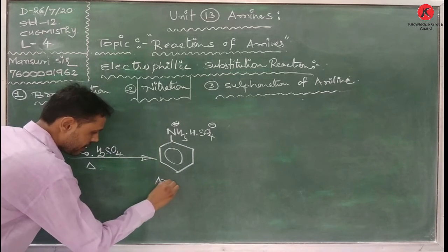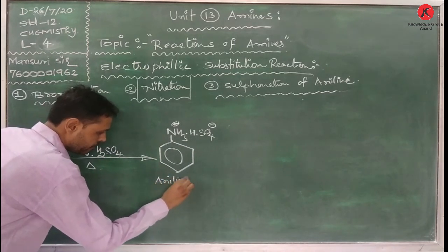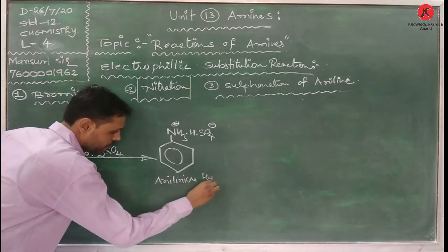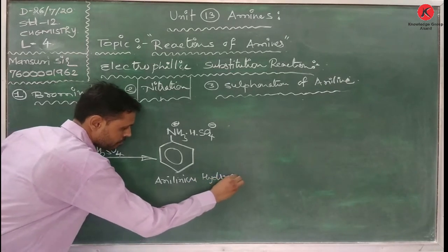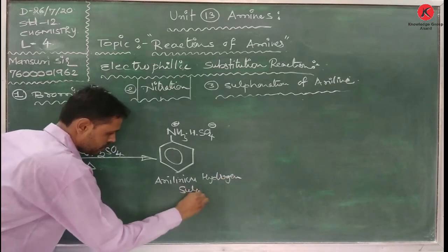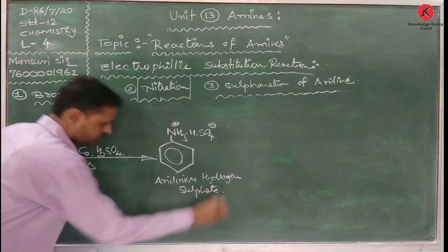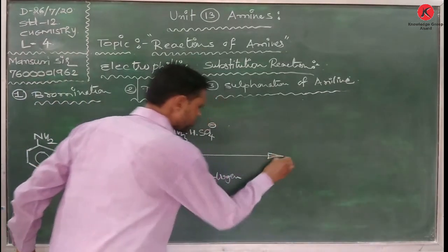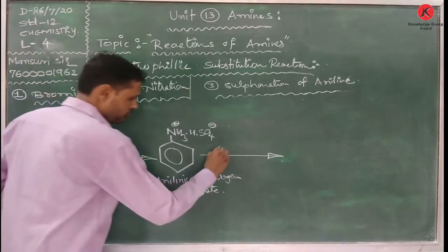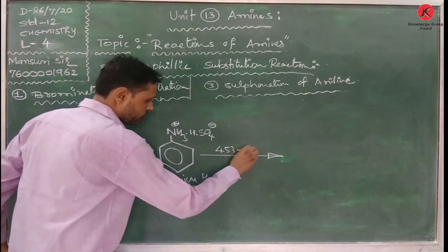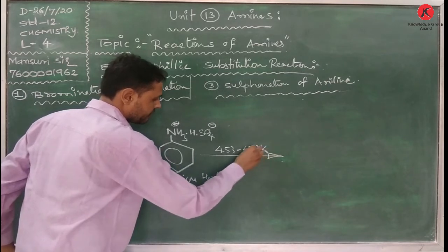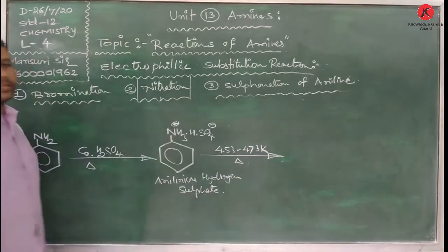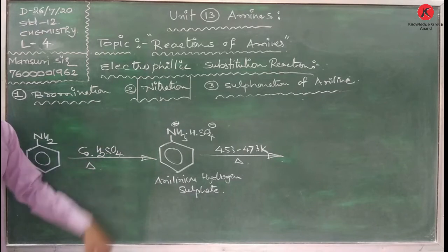I will write anilinium hydrogen sulfate is obtained. After obtaining this substance, when 453 to 473 Kelvin temperature is given and then heated, then what will happen?